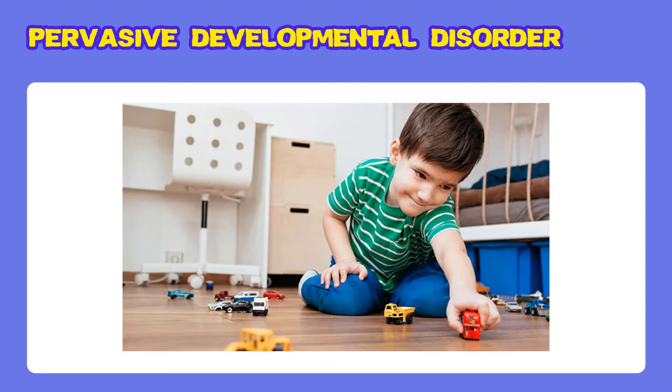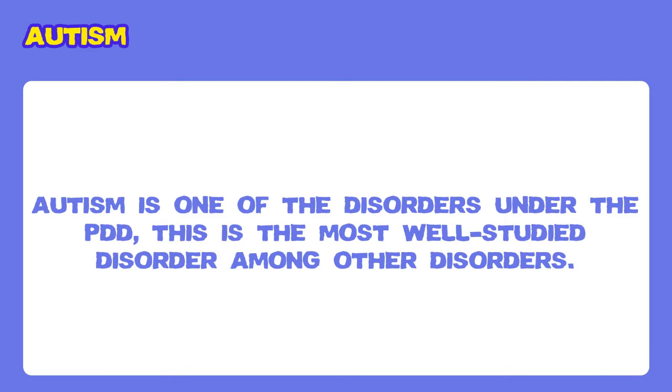So, autism. Autism is one of the disorders under the classification of PDD, the pervasive developmental disorder. This is the most well-studied disorder among the other disorders. Autism is also characterized by impaired social interaction and communication skills, and a limited range of activities and interests.